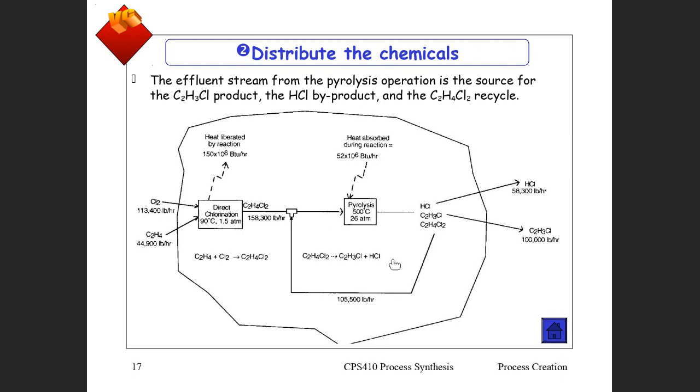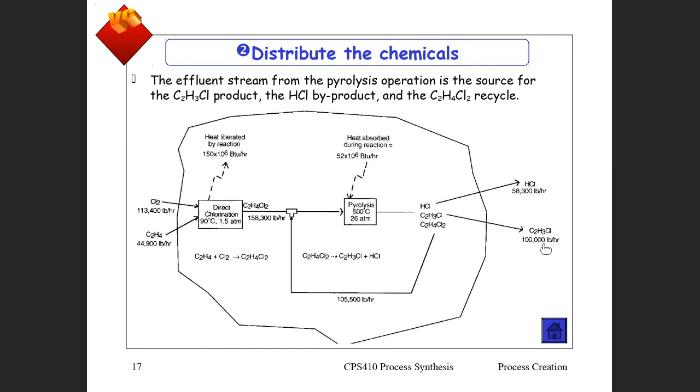That works out therefore as 158 over there, add 105,500 pounds per hour, you'll get 263,000 pounds per hour. Multiply that by 0.65, and you will get the right number of moles of vinyl chloride monomer that you get in your 100,000 pounds per hour.